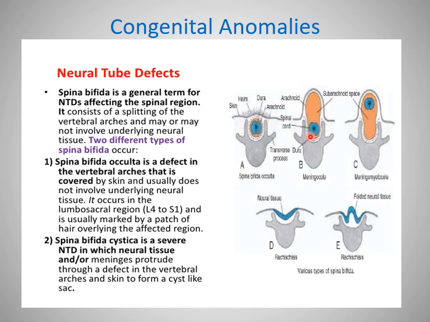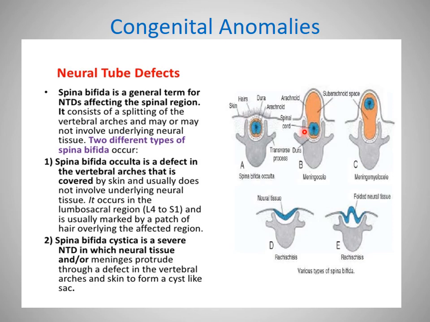Spina bifida cystica is a severe congenital neural tube defect in which the neural tissue is also herniated and forms a cyst-like structure.